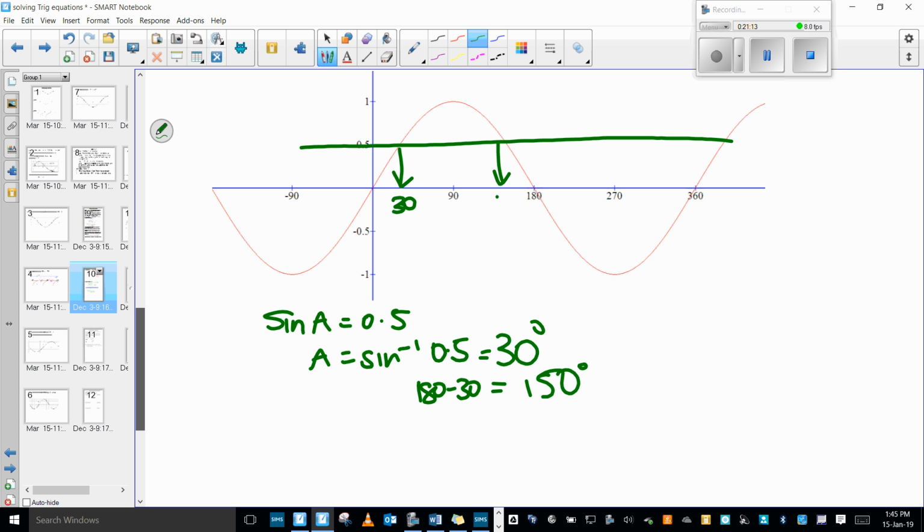But we remembered that we need 4 solutions, so what do we do with both these 2 numbers? Add 360, so I've got 30, 150. And adding 360 to this gives me 390, and adding 360 to this gives me 510. Those aren't in our range, because we've been solving sine 2x equals.